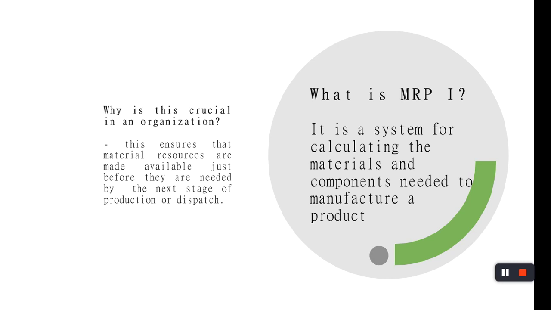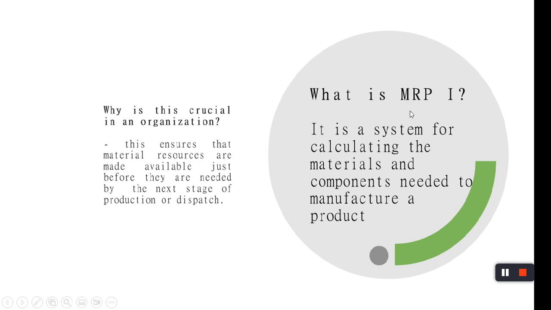So what is MRP 1? It is a system for calculating the materials and components needed to manufacture a product. So from the term itself, M for materials.